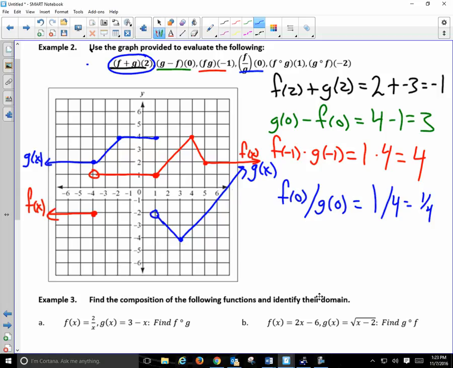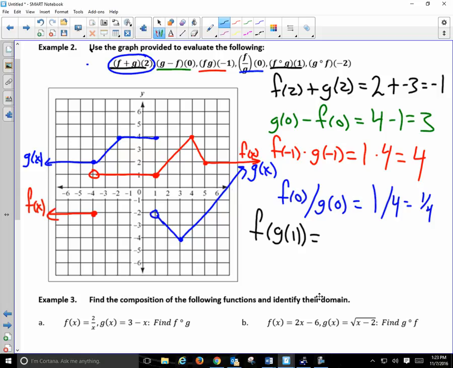Now, let's do composition. F of g of 1. Composition is where we take a domain value and we plug it in and we get an output. That output becomes the input then for f.